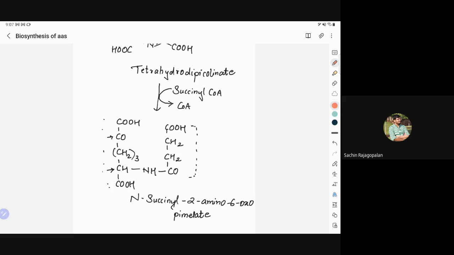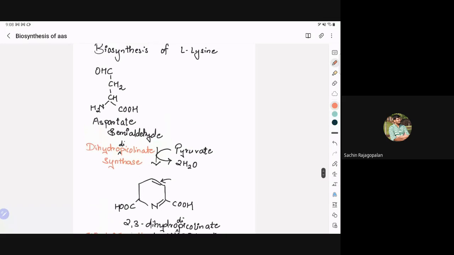So the enzyme is going to be tetrahydrodipicolinate succinylase, because you're breaking the ring-shaped structure to form an open structure using a succinyl CoA group over here. So you call it tetrahydrodipicolinate succinylase.